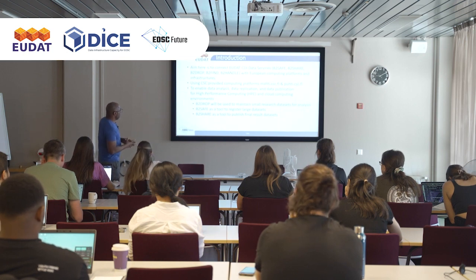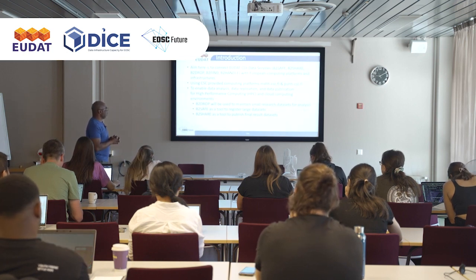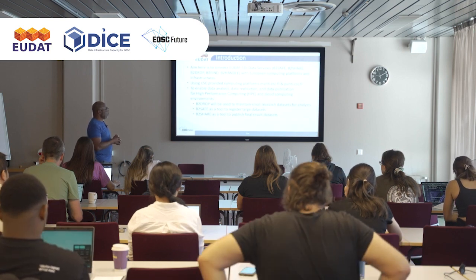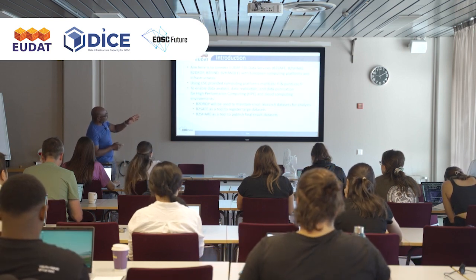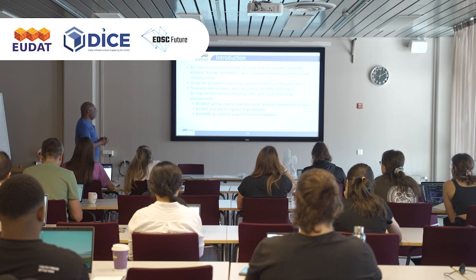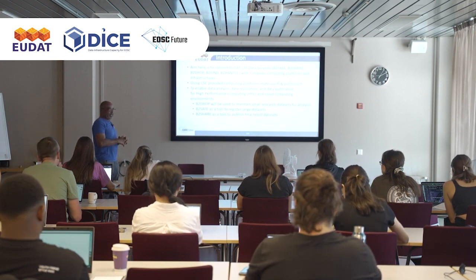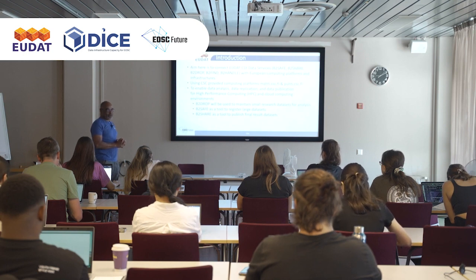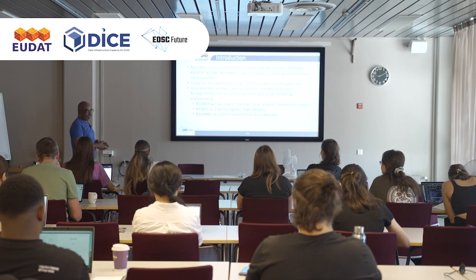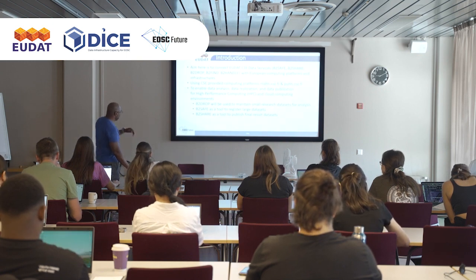We'll be using one of CSC's computing platforms, this time puhti.csc.fi. Tomorrow, when we go to CSC on Thursday, you will probably see the housing where Puhti is actually housed, in this city.